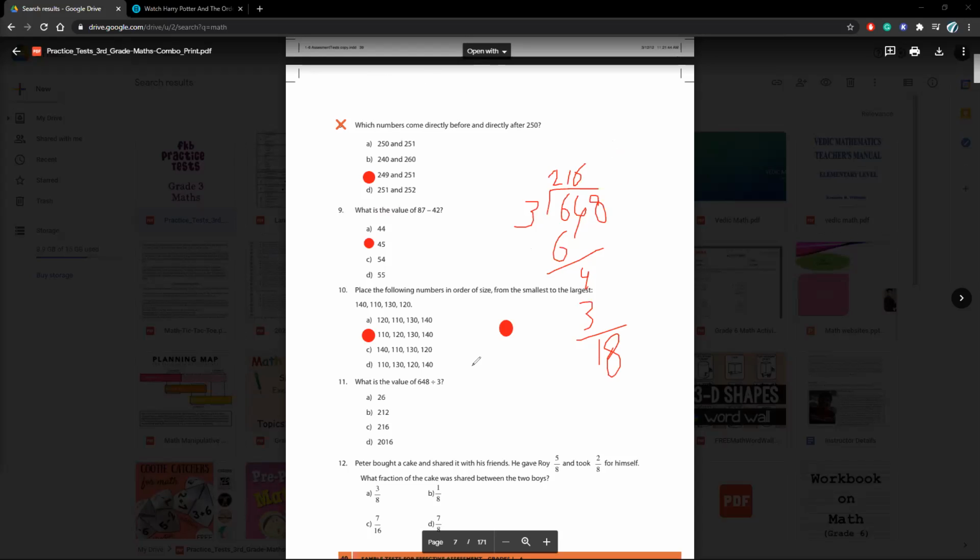I gotta get the answer right. Okay, so then you get 0, and then you get 4, and then you get 1, and then you minus 3, and then you get 1, and then you bring down your 8, and then you get 6, and then minus 6, and then you get 2. So it's 216 remainder 2.